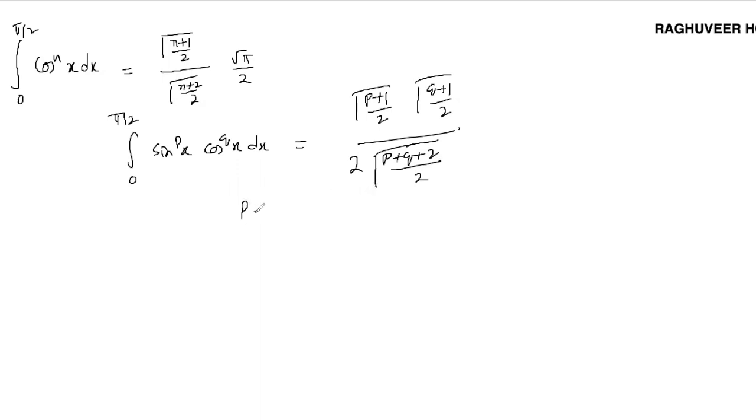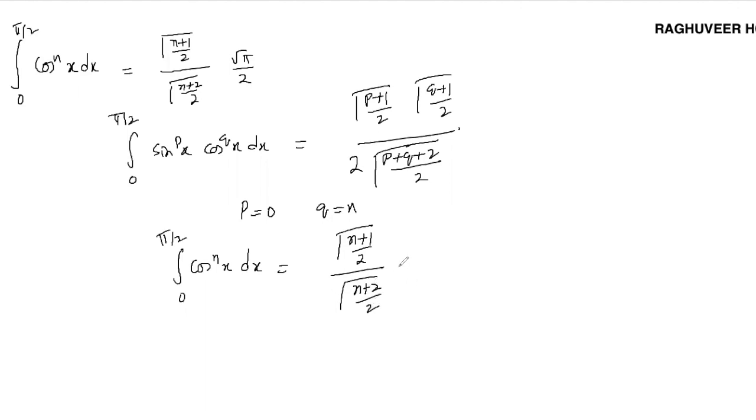Now by substituting p is equal to 0 and q is equal to n, okay, so this is 0 to pi by 2 cos nx dx. So this will be gamma n plus 1 by 2 divided by gamma n plus 2 by 2. Yeah, and this is root pi by 2. Okay, so this is the answer.